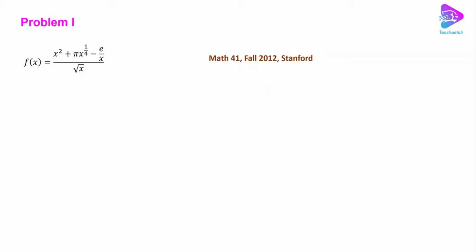problems. So for the first one, we have the function f(x) equals x to the power of 2 plus pi x to the power of 1 over 4 minus e over x, all over the square root of x.